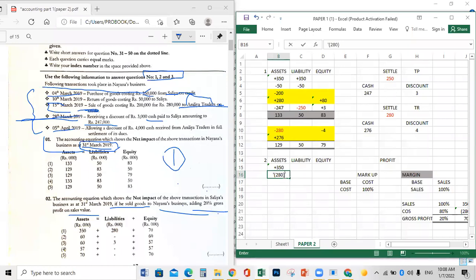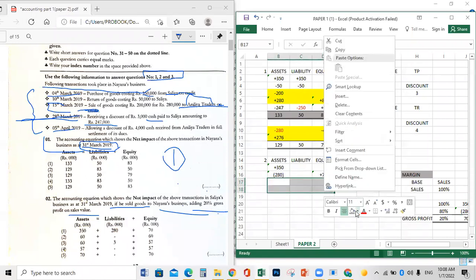You will get confused if you think from Nayana's point of view. They are telling you now that you are Salia, so you should think from Salia's point of view. So your inventory will reduce by 280, which will give you a profit of 70,000. Because of that, your equity increases by 70.